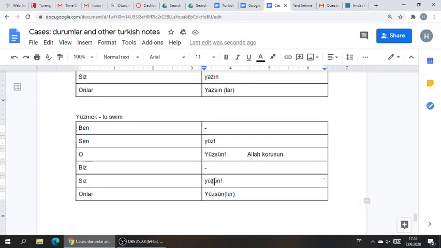So usually you'll have the same thing as the root or the initial suffix, and then you add a couple more letters, sometimes just one or just a couple more letters for siz. And then same principle for o to onlar. You have yüzsün, and you can add ler or lar if you want, but you don't have to. All right.